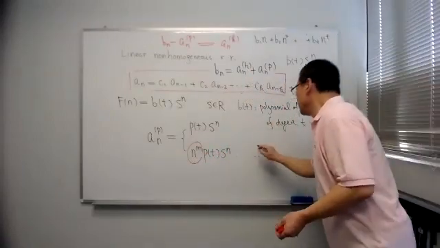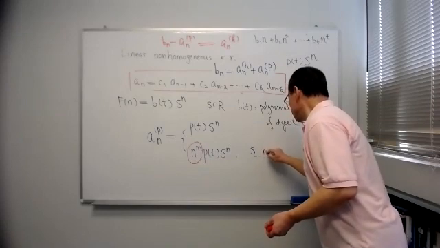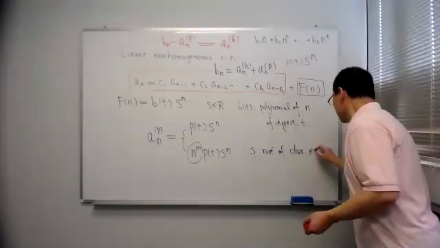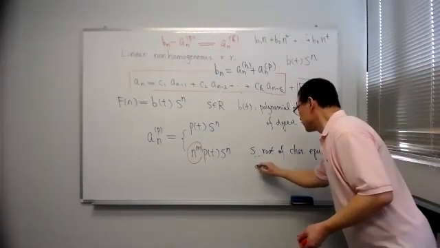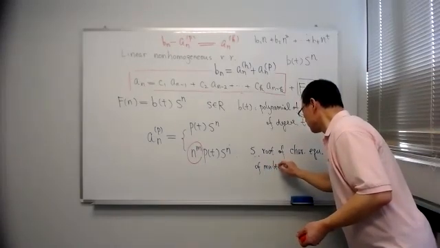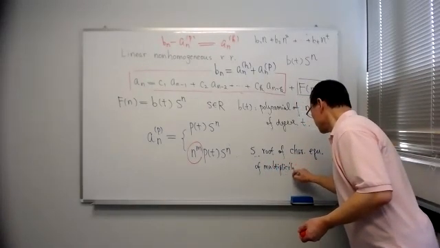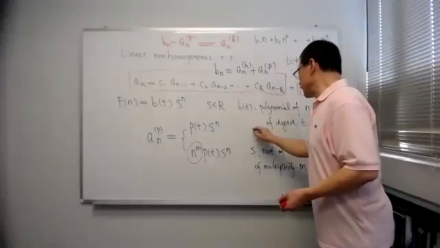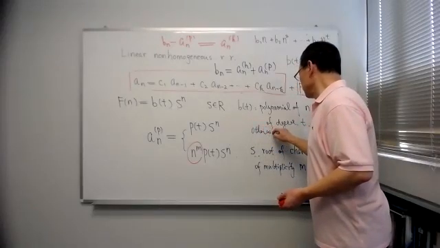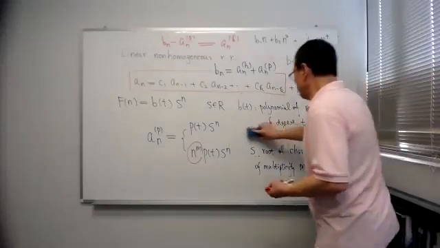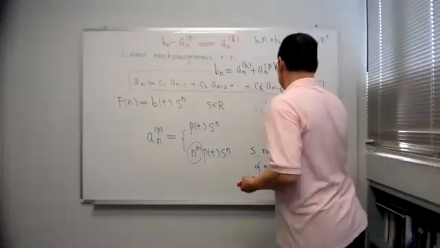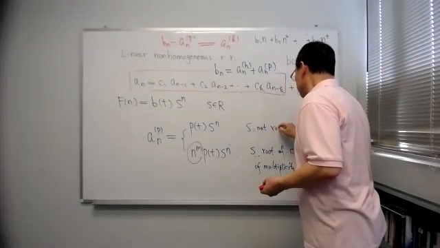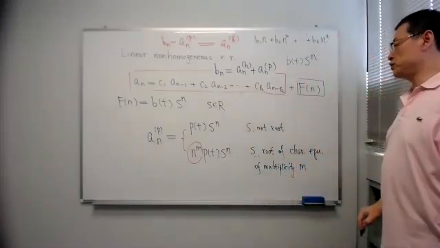So in this case, S is a root of the characteristic equation. Otherwise, as it's not a root, we have this other situation. All right, so I only have two situations.